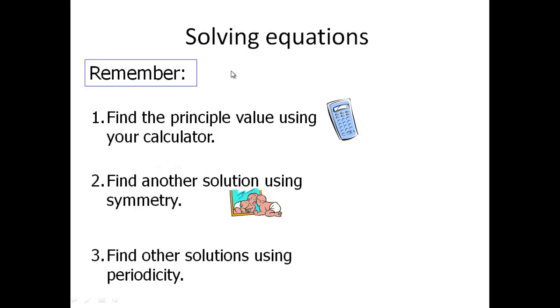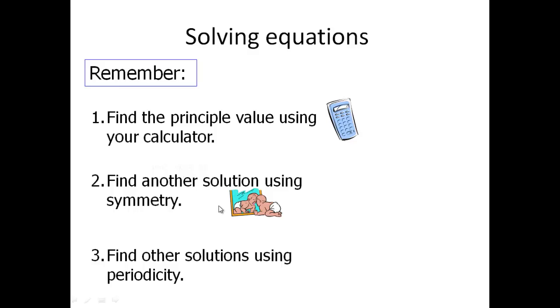So here's the process for solving trig equations. We find a principal value using a calculator. We find the symmetry solution using either 180 minus the principal value for sine, or 360 degrees minus the principal value for cos.